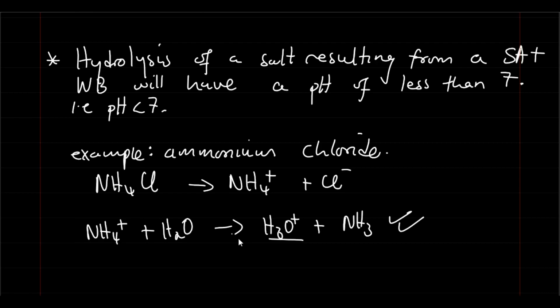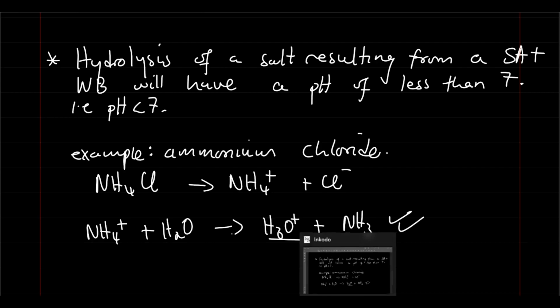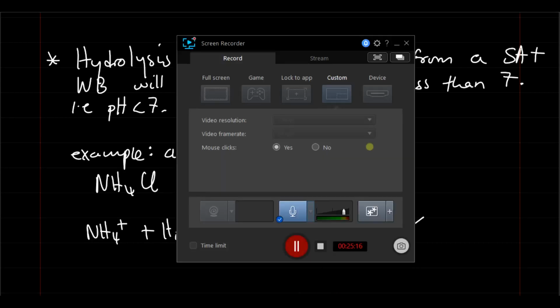So you continue and say the hydrolysis of ammonium results in formation of hydronium ion. And then we know that hydronium ion tells us about acidity, and acidity is less than 7. Okay, guys.